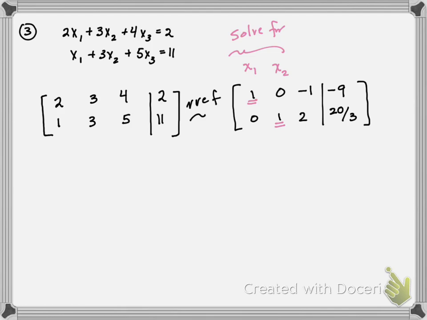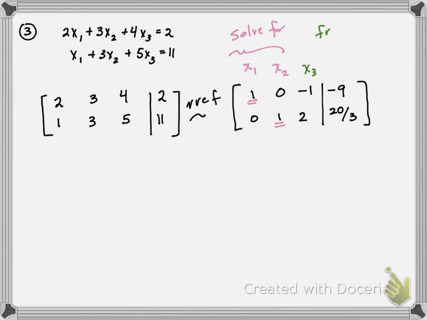Notice x3, this column right here, does not have a pivot in it. It doesn't have that leading one, the first non-zero one in each row. So that variable is free, and we're going to call it the parameter.